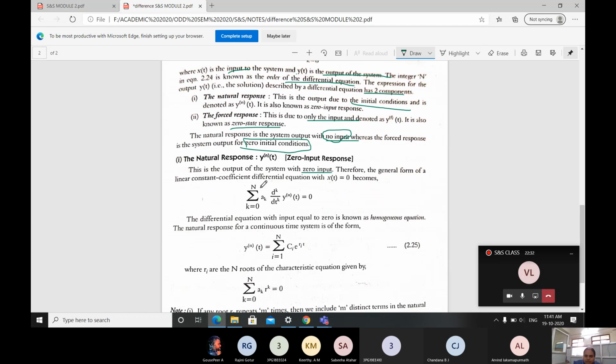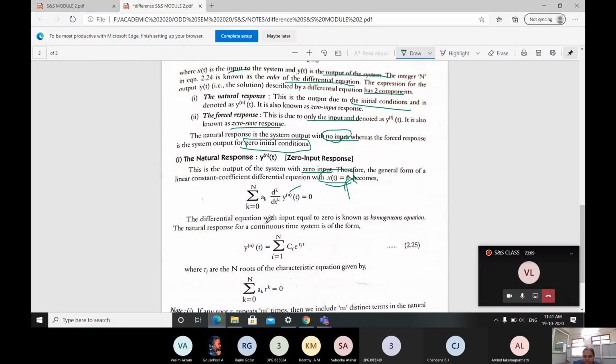Therefore, in the general form of the linear constant coefficient differential equation, x(t) is going to be equal to 0. Remember this point: for zero input response, x(t) will be 0 only. Therefore, summation k equal to 0 to N, a_k d^k/dt^k of y^(n)(t) is going to be 0, because for the natural response, instead of y(t) you write y^(n)(t).